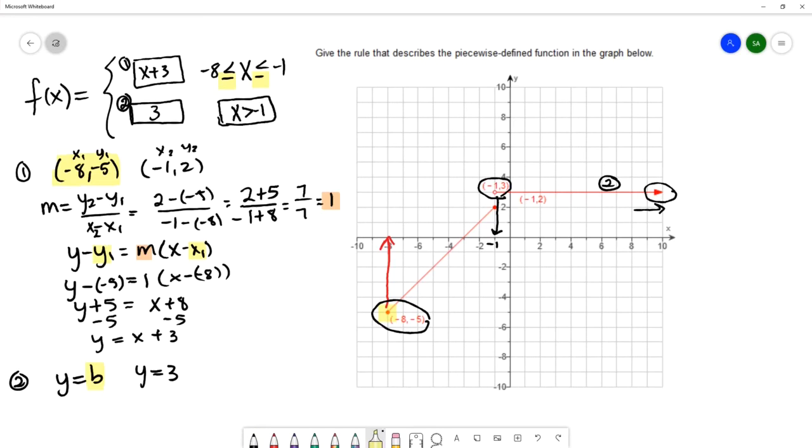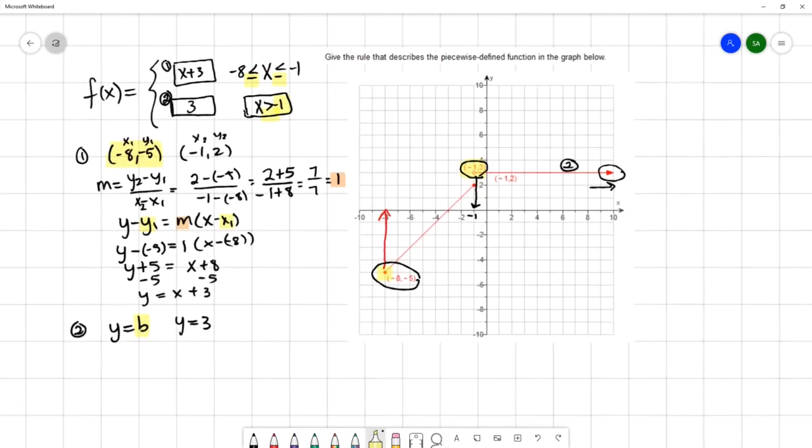This time, I hope you'll notice that I didn't put an equal to, and that's because the endpoint has an open circle, and that endpoint is not included in the graph or on the function. And so I don't want to include negative 1, and don't put the equal to underneath my inequality symbol.